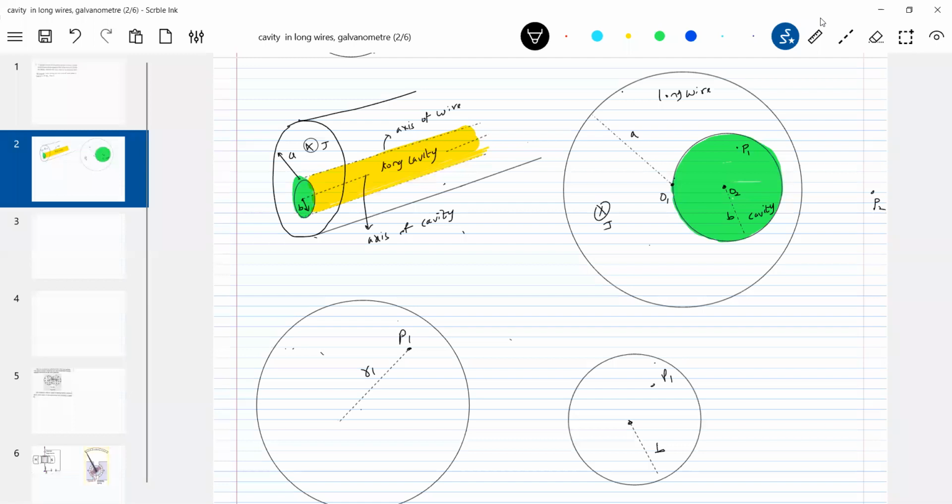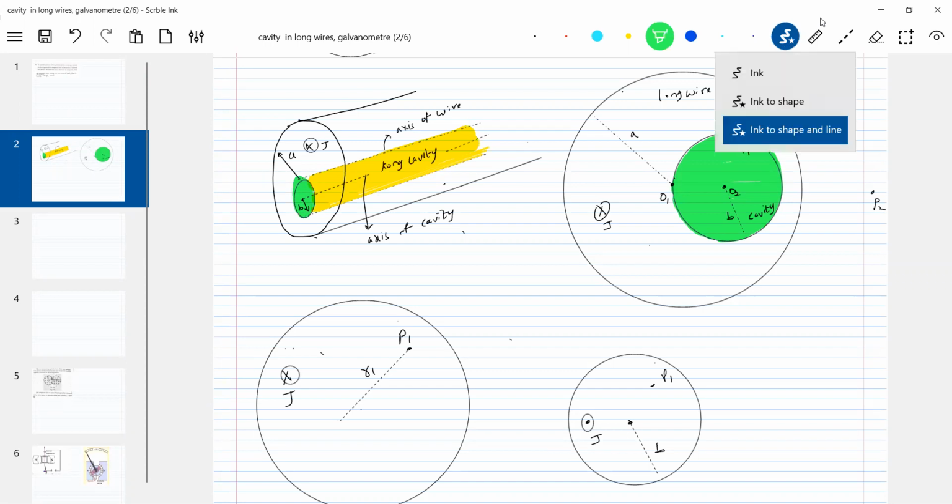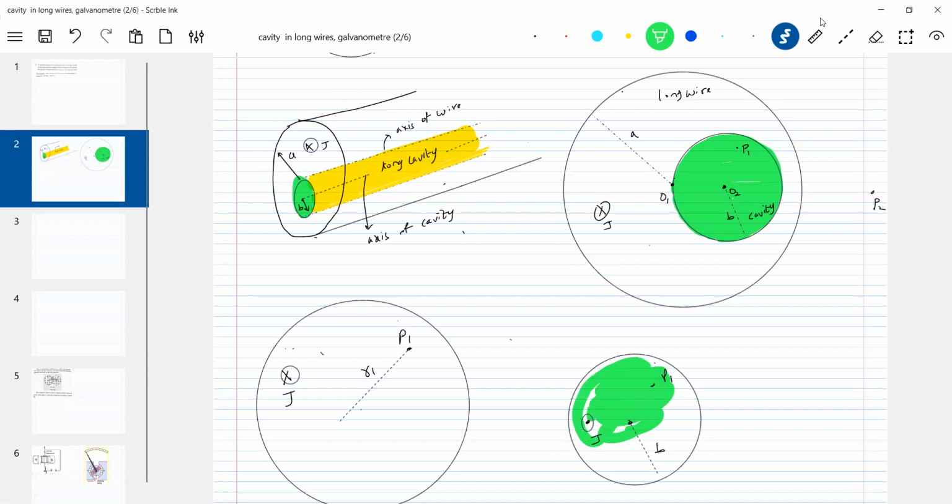The position vector from O1 to P1 will be R1. Whatever the current density is here, into the plane, what you should take for the cavity is out of the plane. Everything else is the cavity, I'm just shading it. When you place this material, you'll get a cavity. Already we have shaded it in green color.